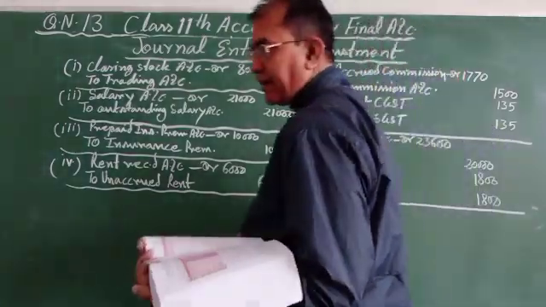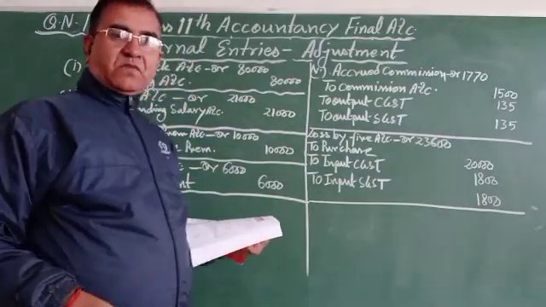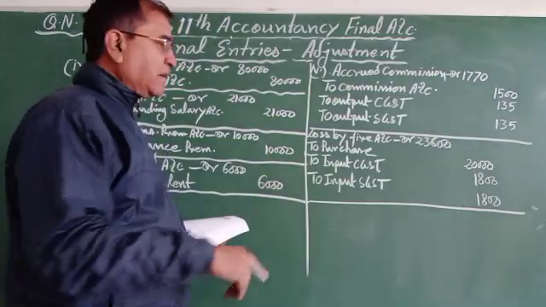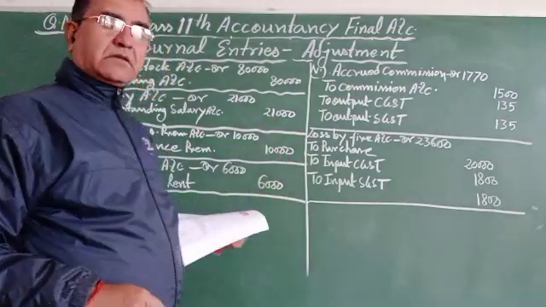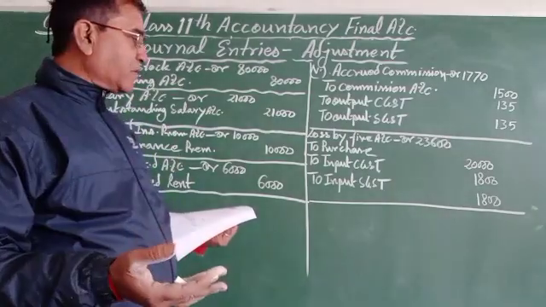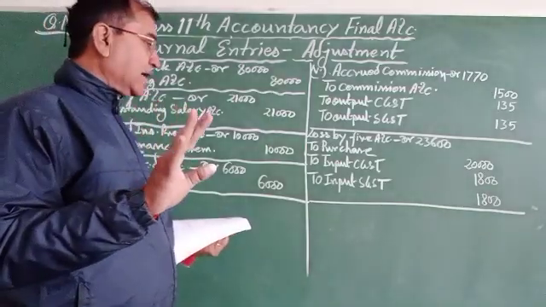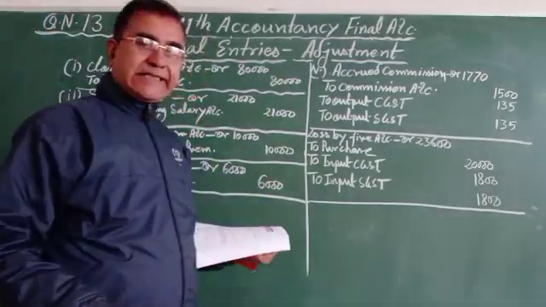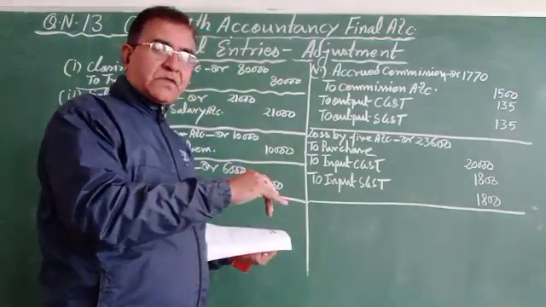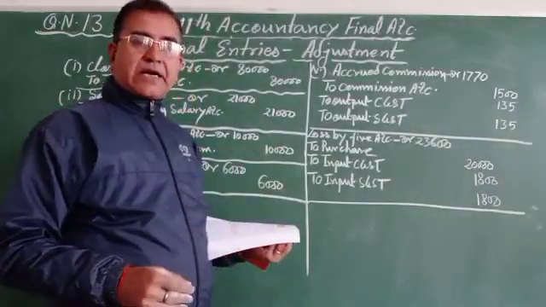Now you can see over here, when the GST has been paid on purchasing, that will be 3,600. The GST input will be debited, and when such an accident occurs in the organization, the GST will be credited.